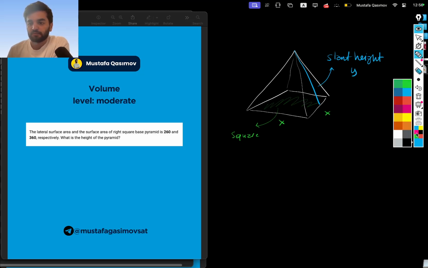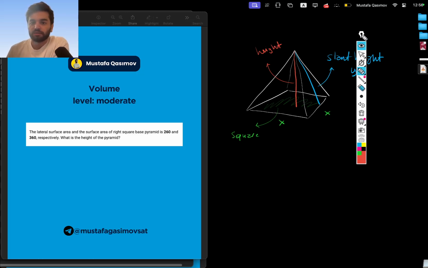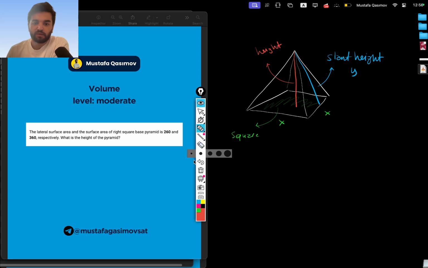And the last thing I want to add here is the real height, h. Okay, now I want to write the equations here. First of all, let's start from the volume. It is given in the reference. Volume is equal to 1/3 multiplied by the base area x squared multiplied by h.